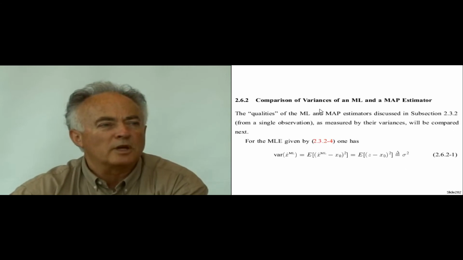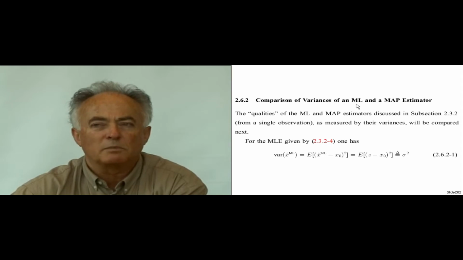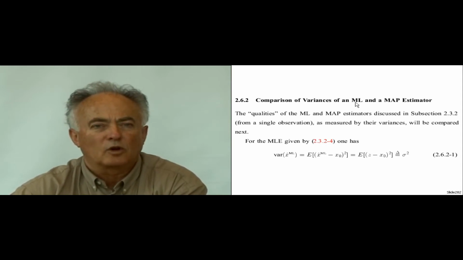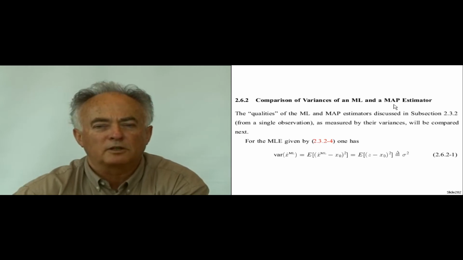Now, let's compare two estimators, the maximum likelihood and the maximum a posteriori. Remember, the maximum likelihood has no prior information about the parameter. It's an unknown constant. It's a non-Bayesian approach, while the maximum a posteriori is going to use some prior information.